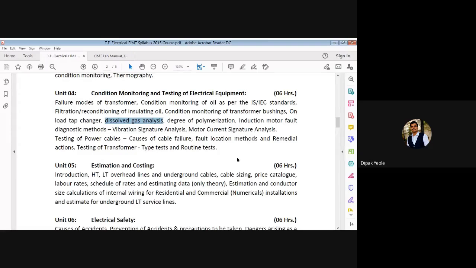So there might be a chance that after Diwali or before Diwali, 1 week or after 1 week, you will have the in-semester exam, might be. We don't know about it. So start preparation from units 1, 2, 3. If you are getting the time, then you can study one unit in 2 or 3 days, so that it will not be a burden for you at the last moment.